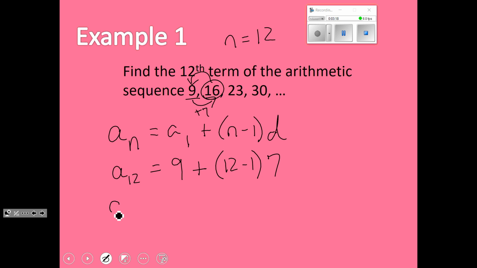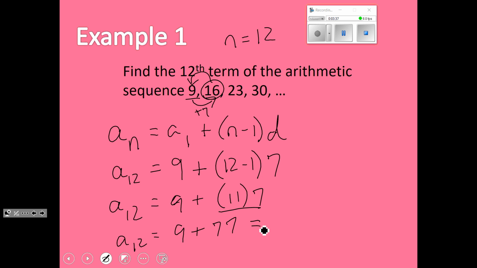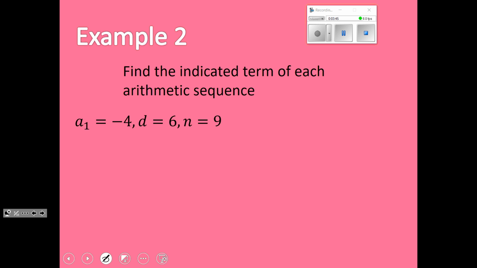And then I can just work this out. So this is going to be 9 plus 11 times 7. Then you can put this all in your calculator. I'm going to multiply first and do 9 plus 77. So that means the value of the 12th term would be 86. Any questions on that? Okay.